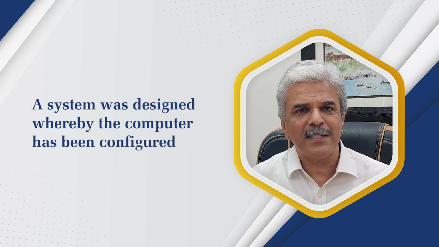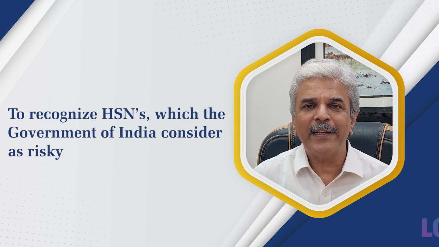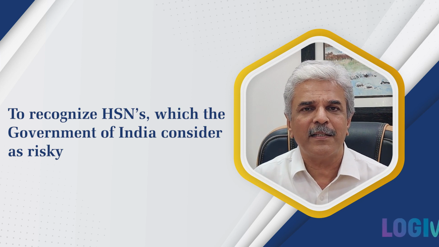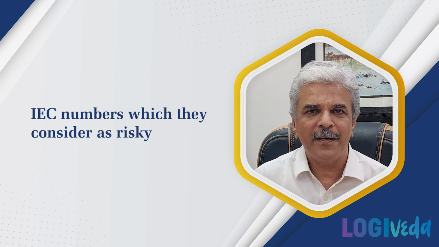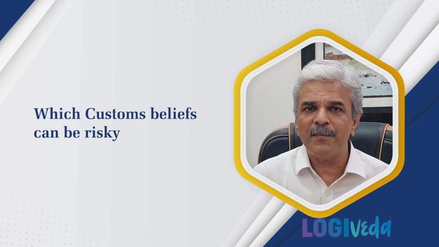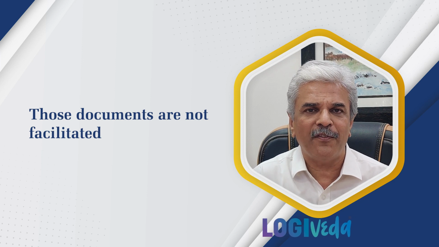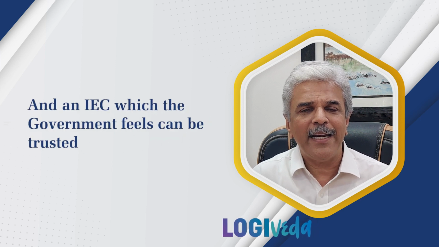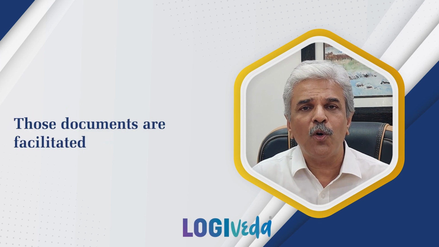So a system was designed whereby the computer has been configured to recognize HSNs which the government of India consider as risky, IEC numbers which they consider as risky. So whenever you have a CTH or an IEC which customs believes can be risky, those documents are not facilitated.